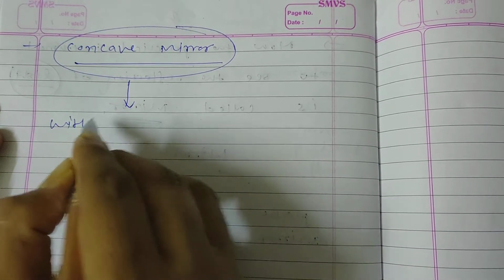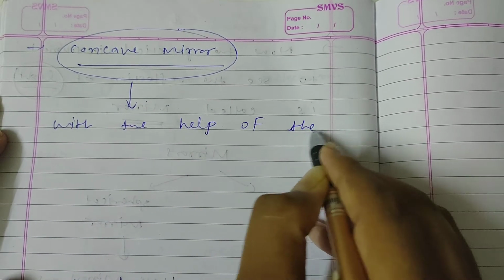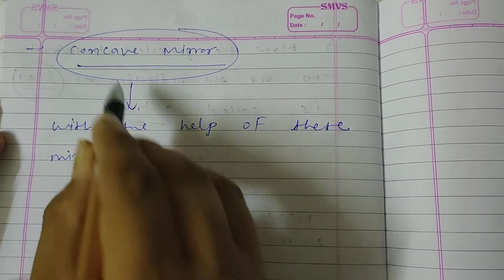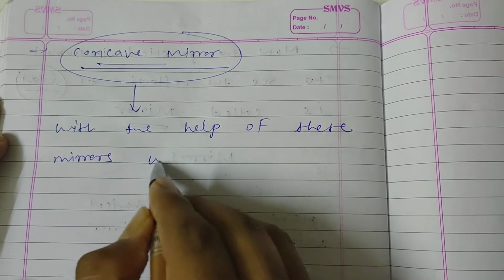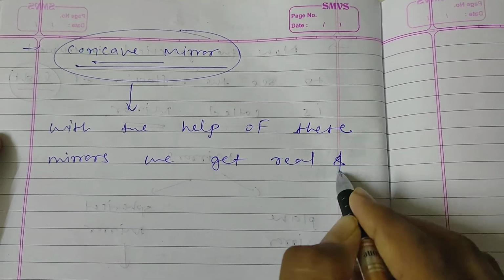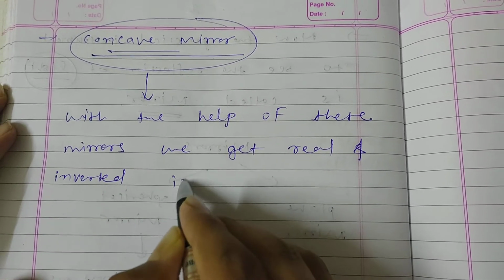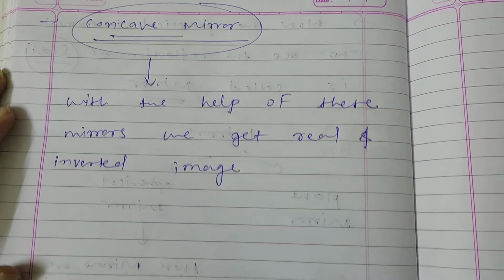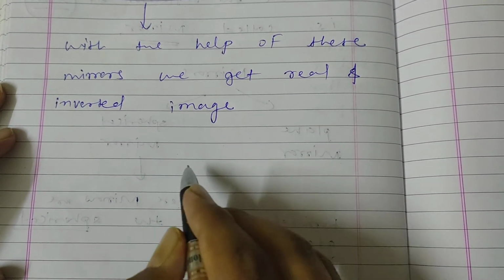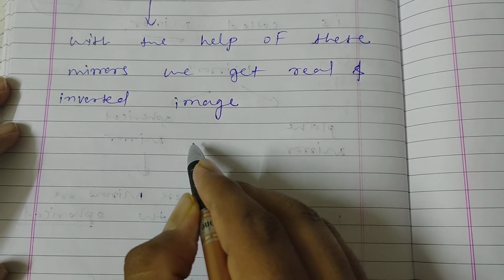With the help of these mirrors, means concave mirror, we get real and inverted image. Real and inverted image. Now we will see its formation, its figure.